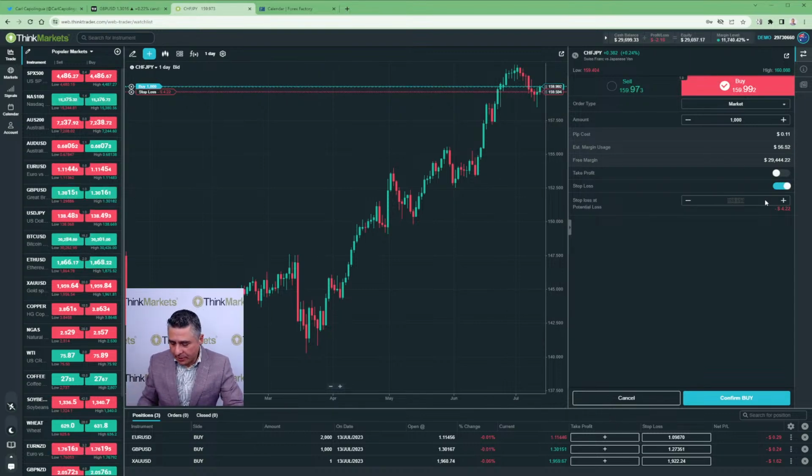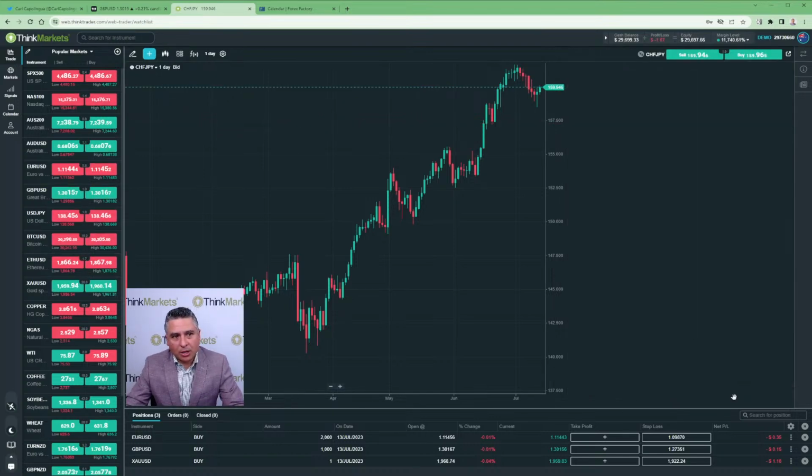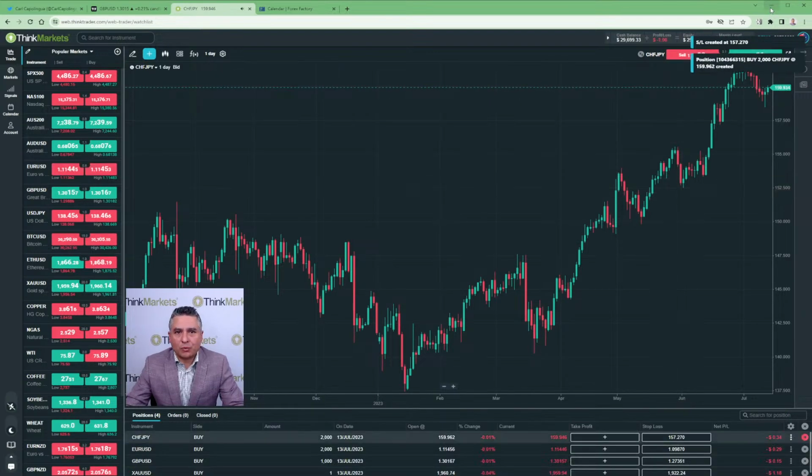Let's see how it looks in terms of our risk. $28. Could you do that? If you're feeling like 157 is okay with you, then confirm buy, and we'll put that order in as well. So those are, for me, the 3 more interesting potential FX trades out there at the moment.